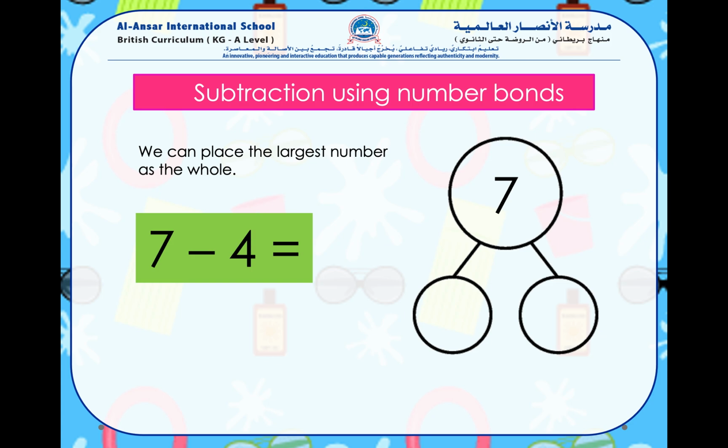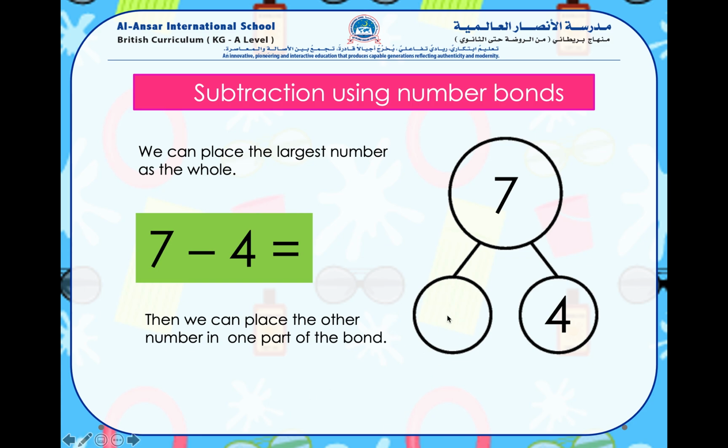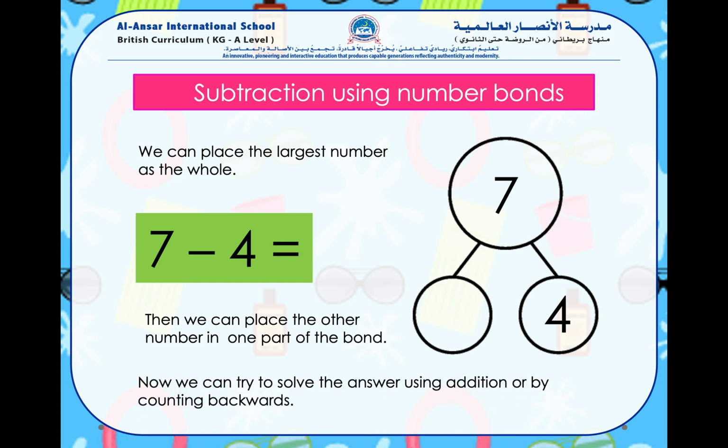Now we can see that 4 is one part of our bond. Now we need to find what is the missing part. So we can see which number when I add it to 4 makes 7. We know that 3 and 4 makes 7.